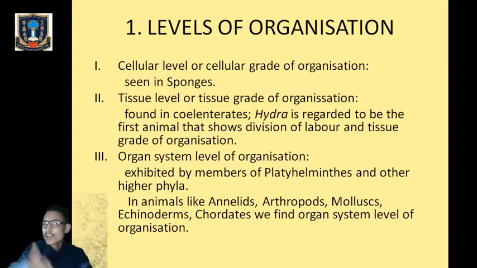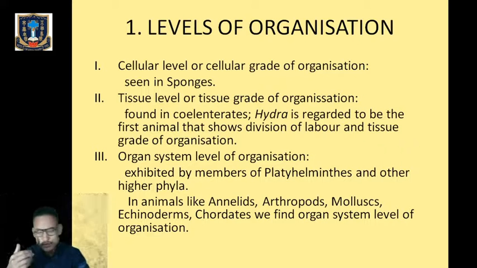That's why it's called an incomplete digestive system. But in higher forms, even human beings, we have two openings: the mouth and the anus. Mouth for the ingestion of food and anus for the removal of waste products. So we have a complete digestive system. So this organ system level has different patterns of complexity, but do remember the different levels of organization.